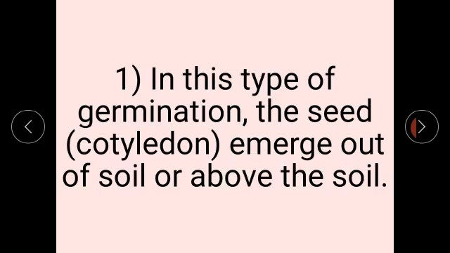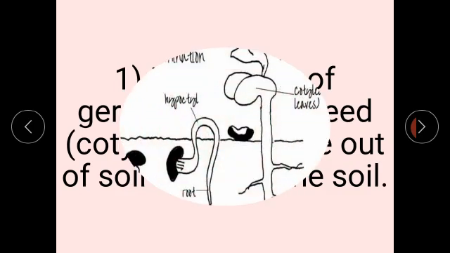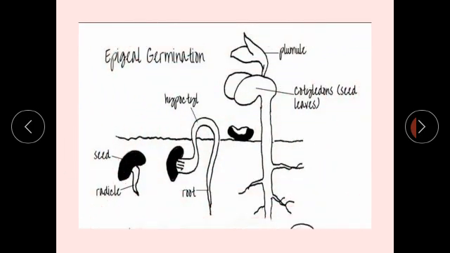In this type of germination, the seed cotyledon emerges out of the soil, or above the soil. You can see here, this is a picture of epigeal germination and you can see here that the cotyledon is above the ground. This is ground and cotyledon is above the ground.